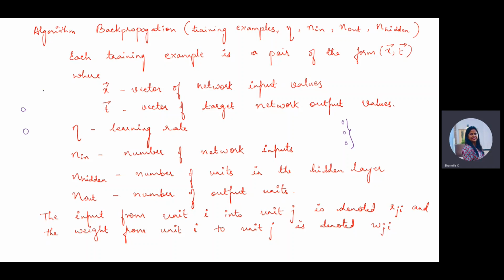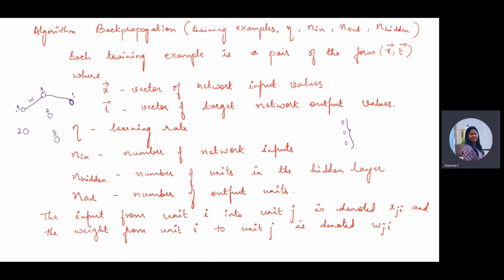Suppose we have two nodes at the input layer, three neurons at the hidden layer and one at the output layer. Whenever there is a link between nodes from input to hidden or from hidden to output layer, it is associated with a weight.